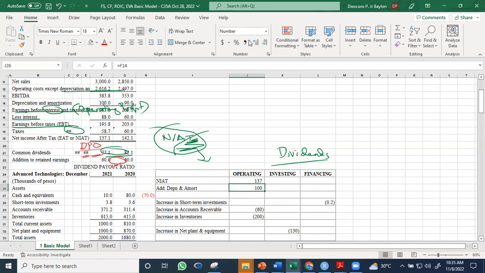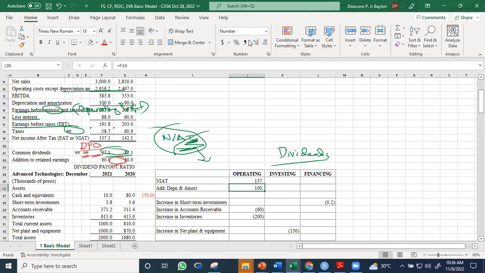Anyone? Class? Try to go through the lines of the whole income statement for 2021.